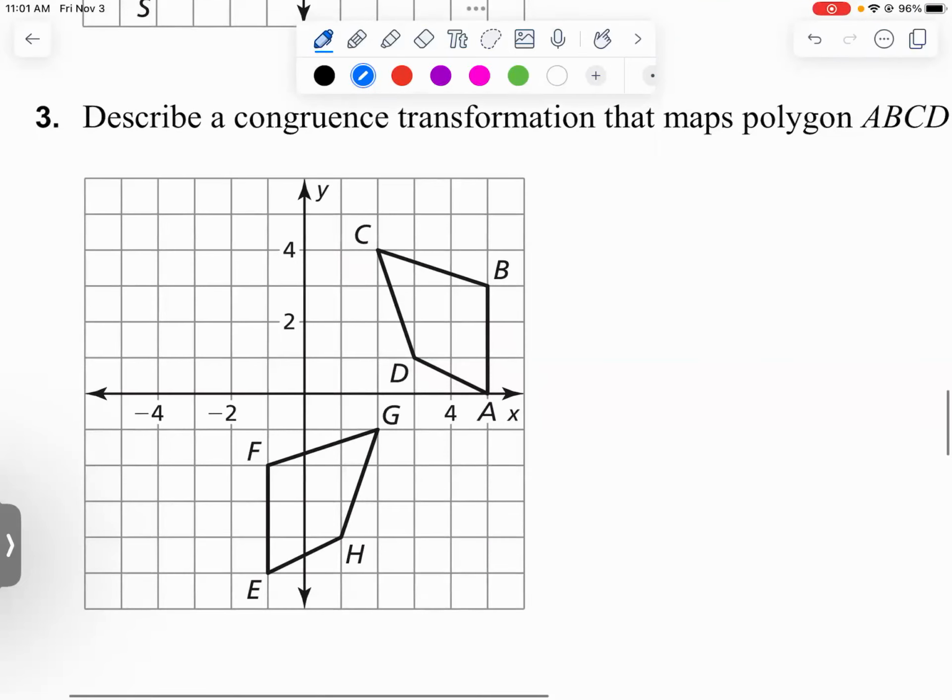Okay, ideas on what this could be. If I rotate it 90 degrees, then I would be at... does that look like it's oriented the same as this guy?